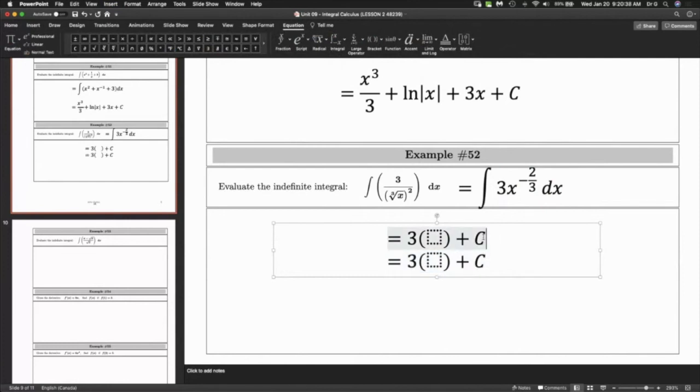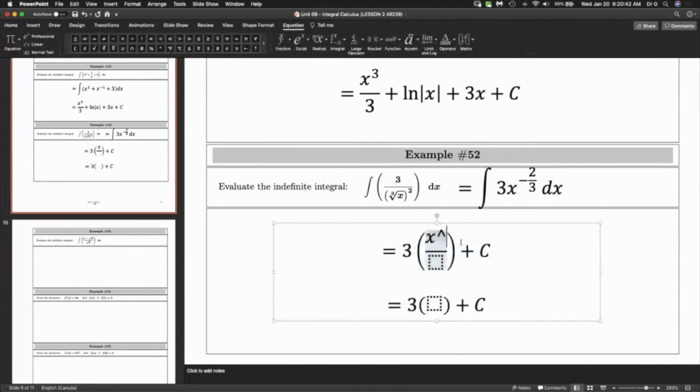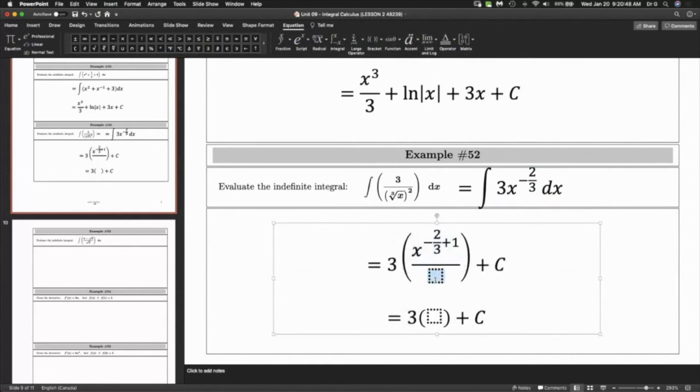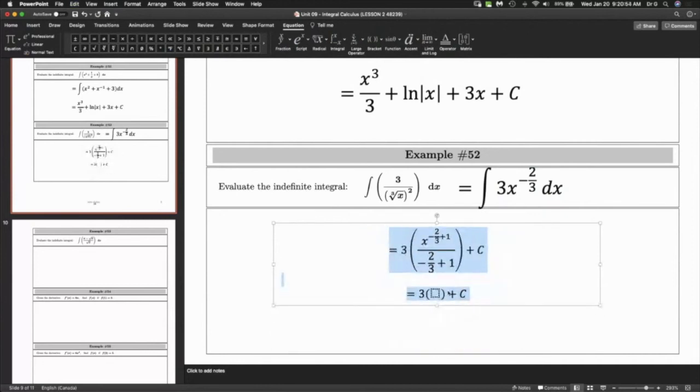So I'm just preparing my answer a little bit here. Negative 2/3 plus 1, and then negative 2/3 plus 1 again. And then this becomes x to the 1/3 over 1/3.